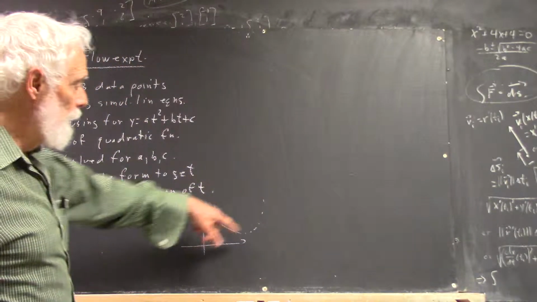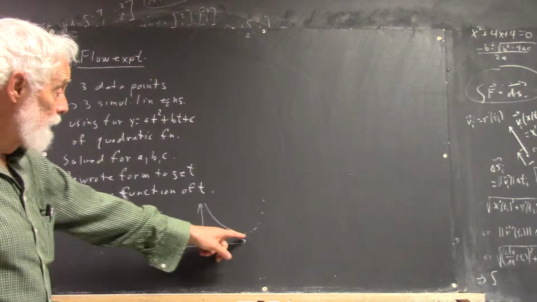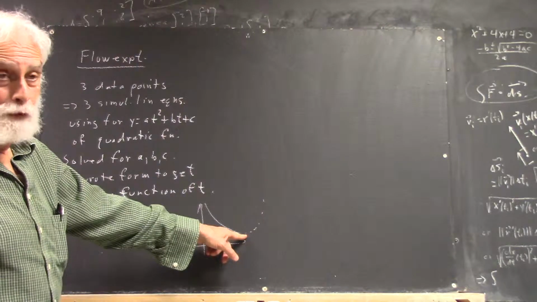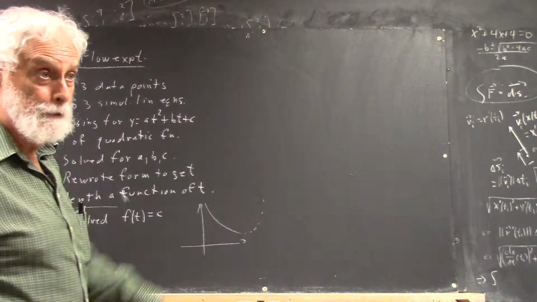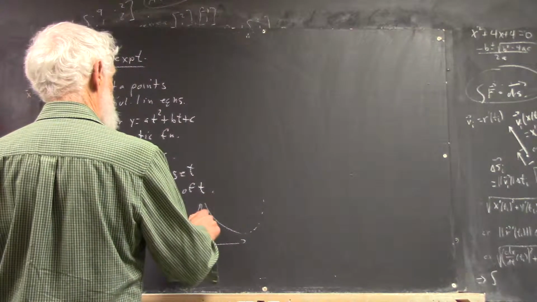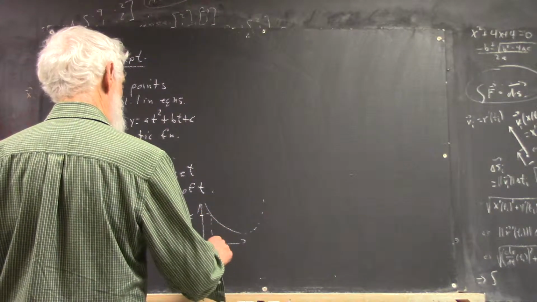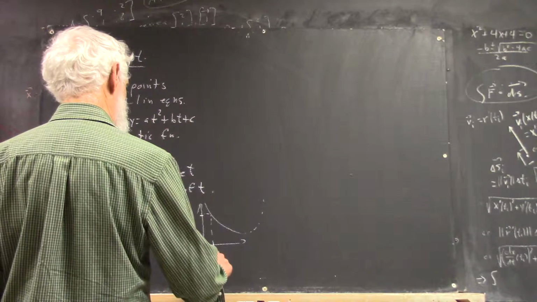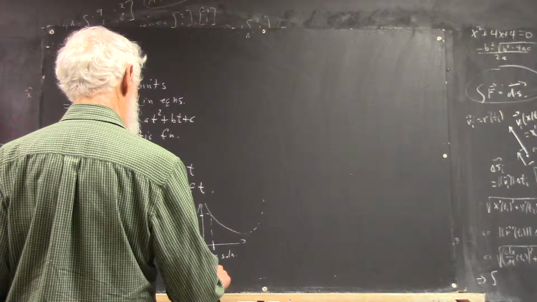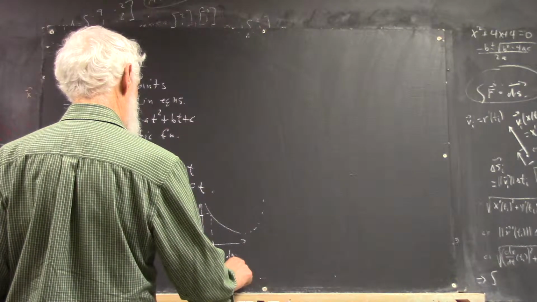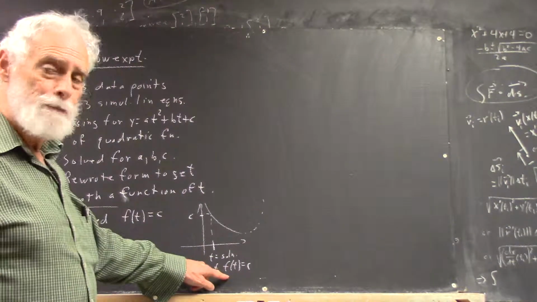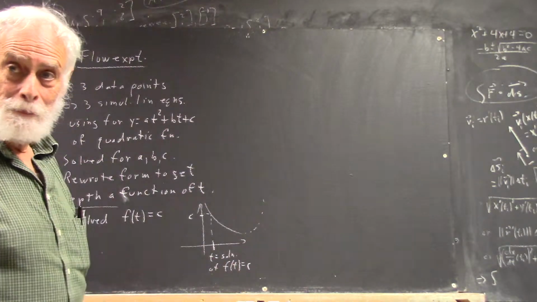Quadratic function, so the graph is a parabola, but for the flow experiment, it stops at the vertex, right? Once the water's done flowing out, it doesn't start back in, okay? And if we got C here, there's our picture for how we solve a function equal to a constant.